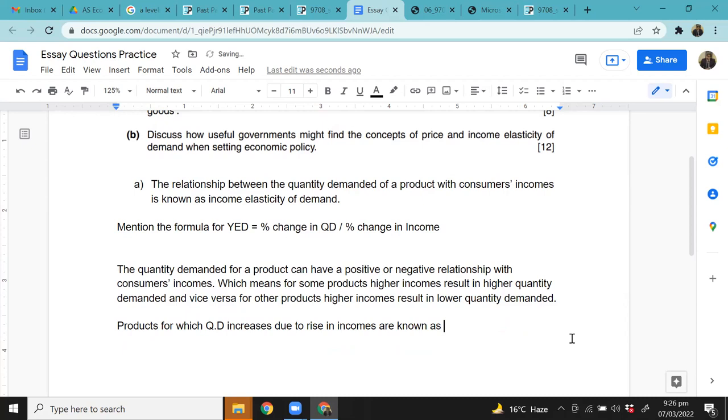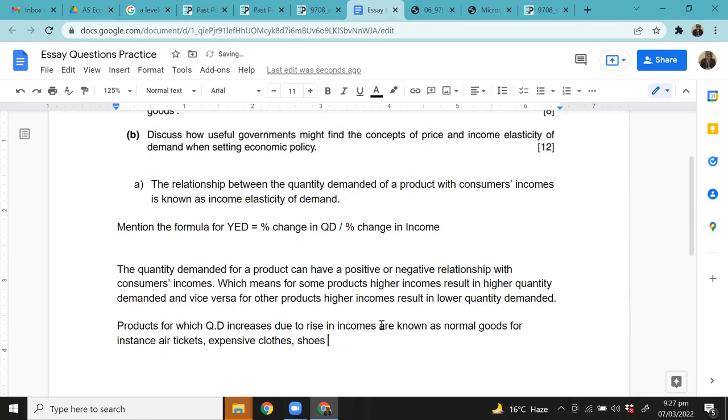Known as normal goods. For instance, air tickets, right? Expensive clothes, shoes, right? Are you getting me, students? Right? Okay. Now, luxury, exactly.